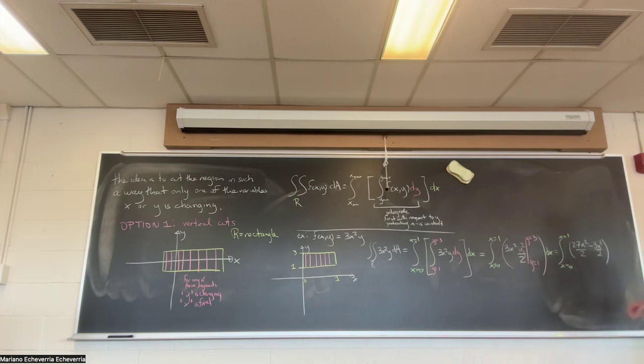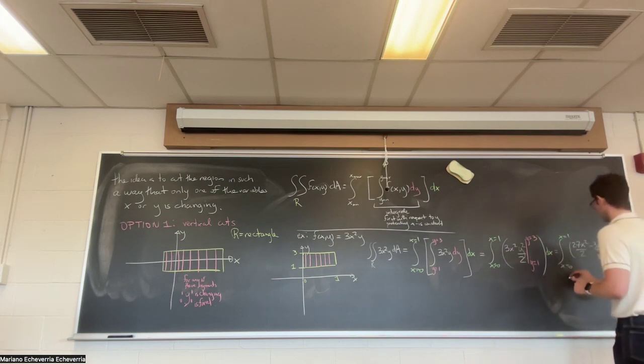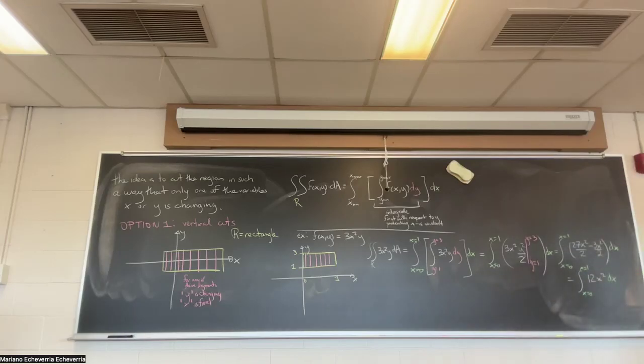Then whatever this is, you integrate with respect to x. This will give you 24x squared over 2, so 12x squared. And this is an easy integral, just 4x cubed.